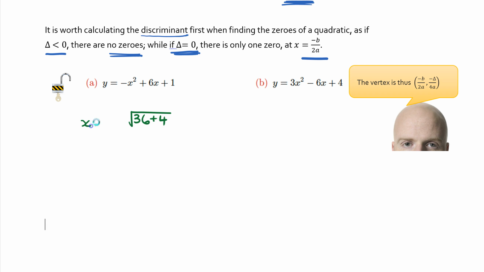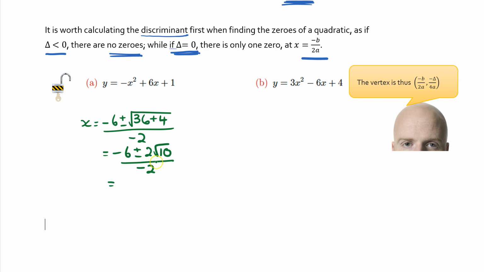So just complete the quadratic formula then. x is minus b, so that's minus 6 plus or minus the square root of b squared minus 4ac over 2a. Tidy that up. So I've got minus 6 plus or minus square root of 40. And the square root of 40, if we think of two numbers that multiply to 40, one of which we can take the square root of, becomes 2 root 10, and that's over minus 2.